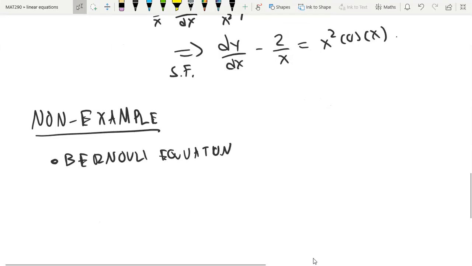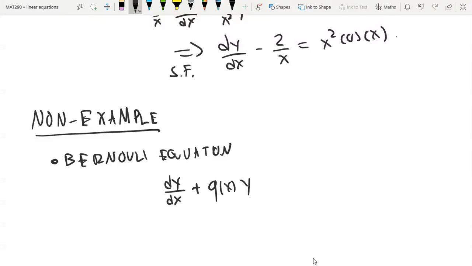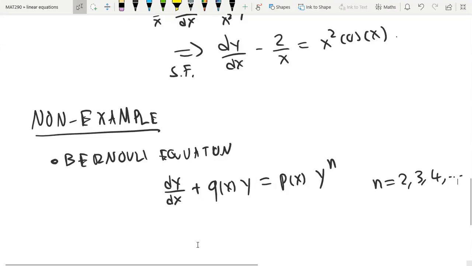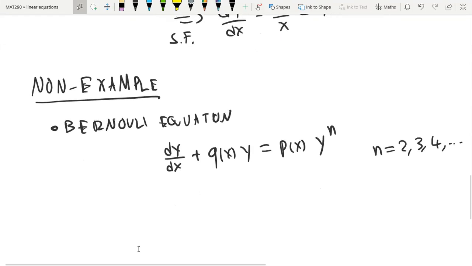It's of the following form: dy/dx plus a coefficient times y, but then on the right we have a power y to the n, where n is 0 or 1, sorry, 2, 3, 4, and so on.